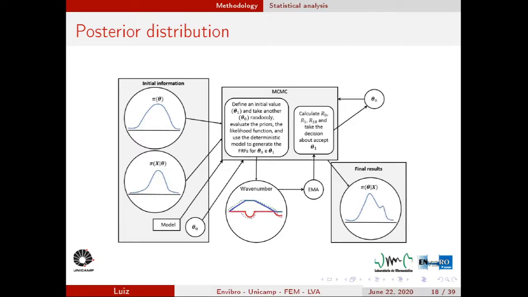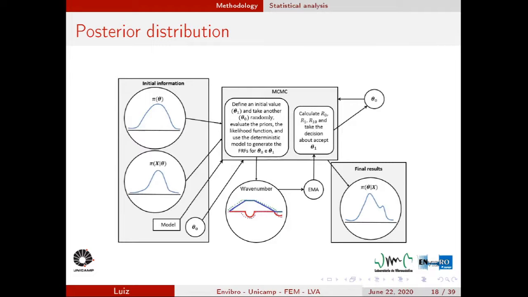Here we have a graphical representation of the used MCMC algorithm. We first define the prior distribution and the likelihood function, and we also give the model for generating the FRFs and for estimating the wave number values.